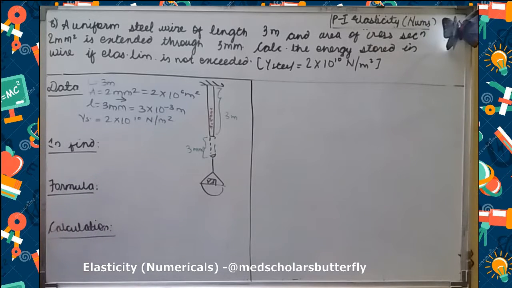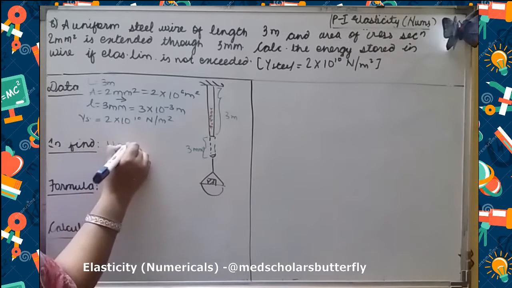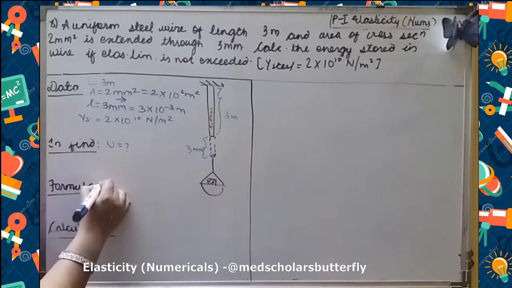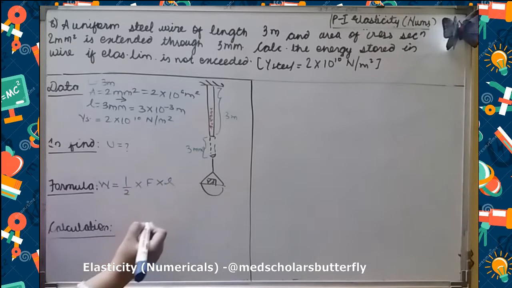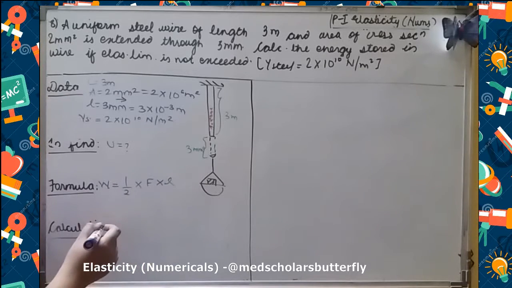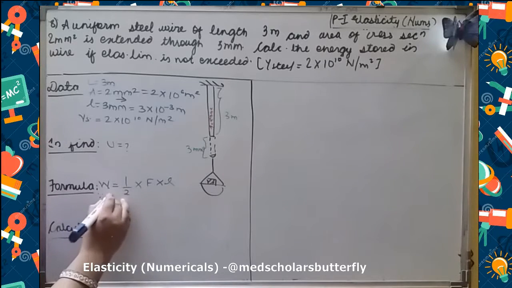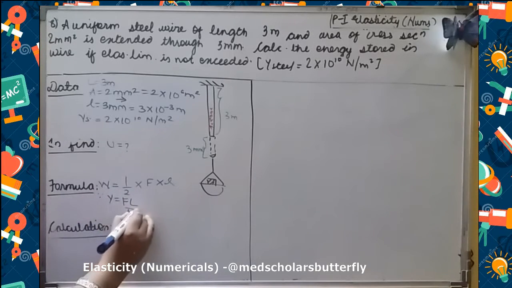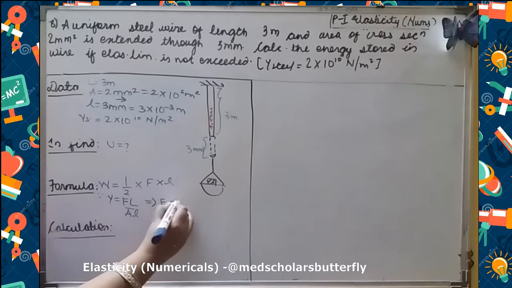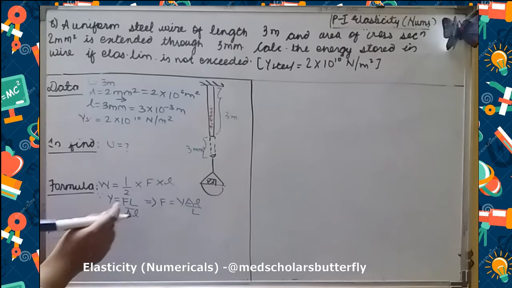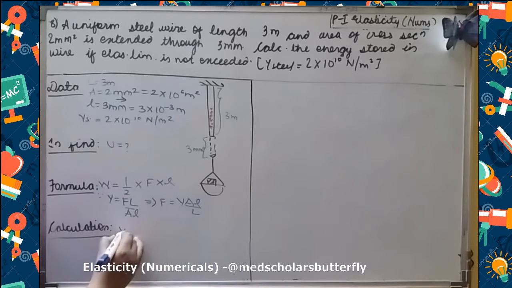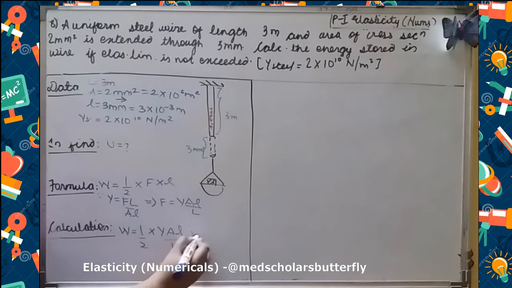Energy stored, that means what is U? Energy stored. But we are having a formula. W is equals to half into F into l. But we know that since Y is equals to F L upon A l, that means F is equals to Y A l upon L. Correct? So we will substitute F here. We will get W is equals to half into Y A l upon L into l.